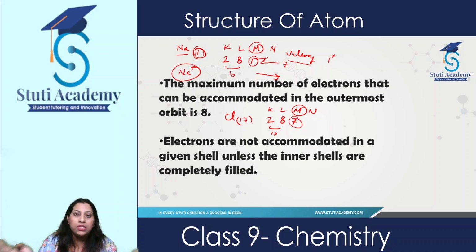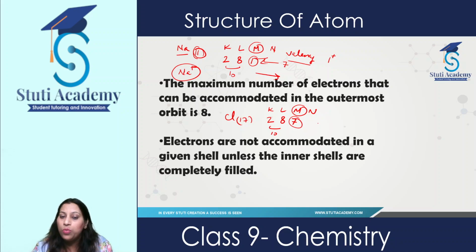So it means again it is not stable in nature. How it becomes stable? Any idea? Write in the comment box and tell me how this chlorine becomes stable in nature. Again there are 2 conditions. Either it loses 7 electrons or gain 1 electron. So we always go for the easy task. So here it will gain 1 electron.